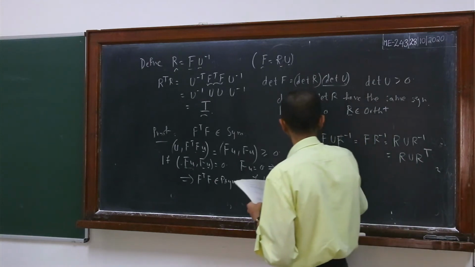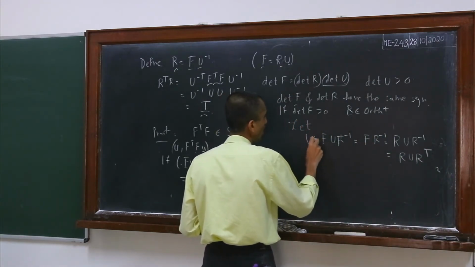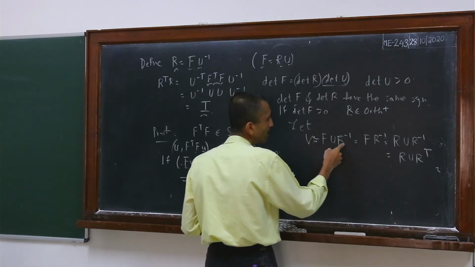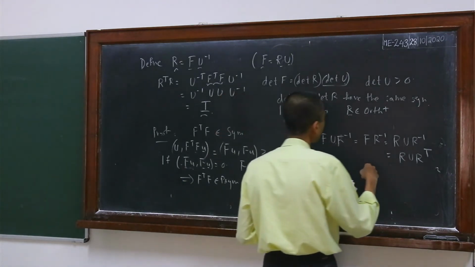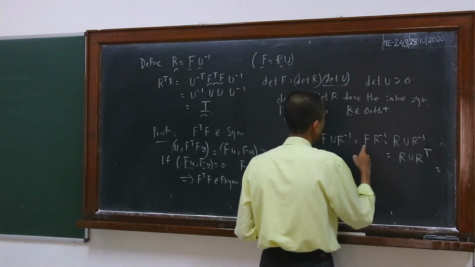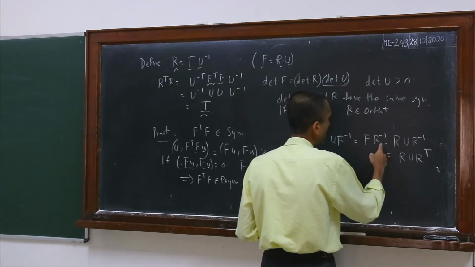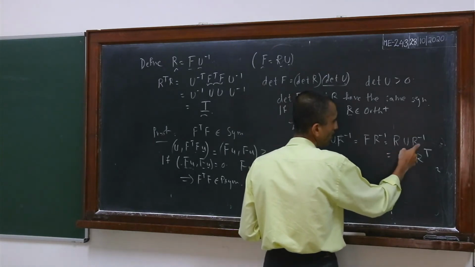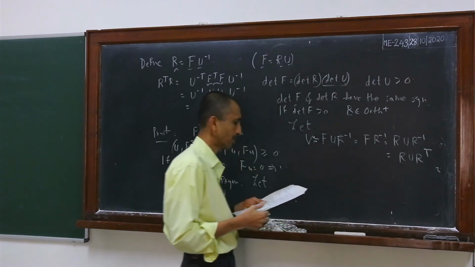I just define V as F U F inverse, and we have seen that U times F inverse is R inverse because F is equal to RU. So I substitute RU, R inverse, and R inverse is R transpose, so I get RU R transpose.